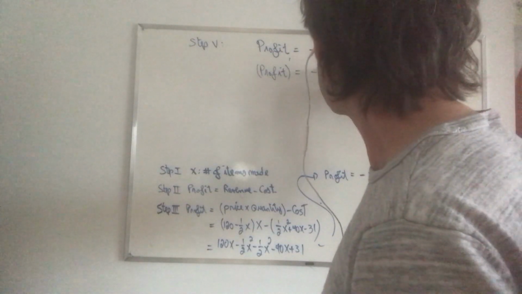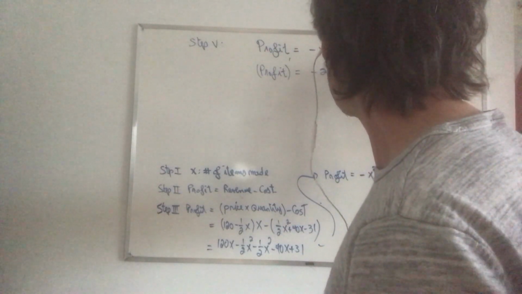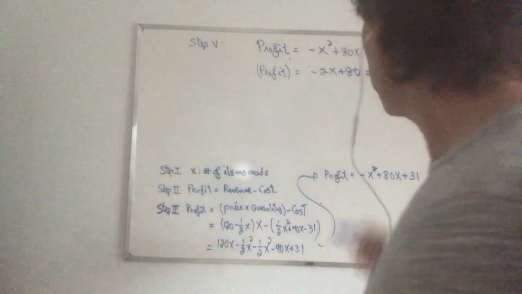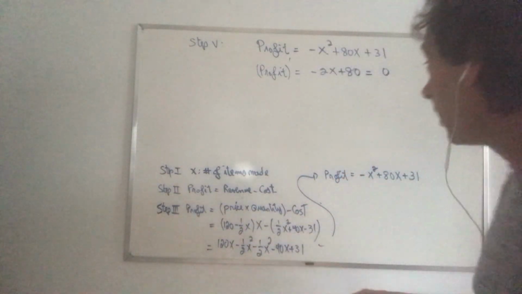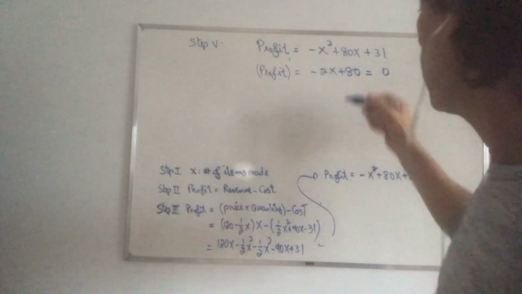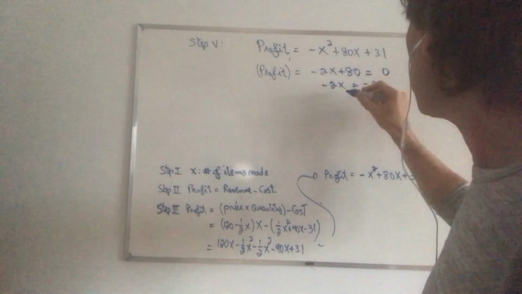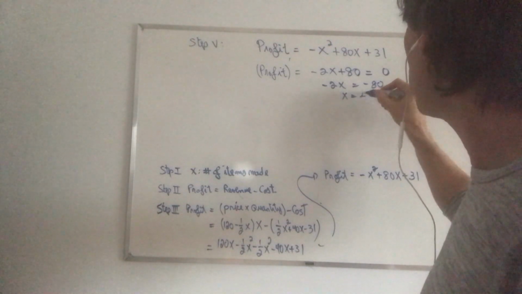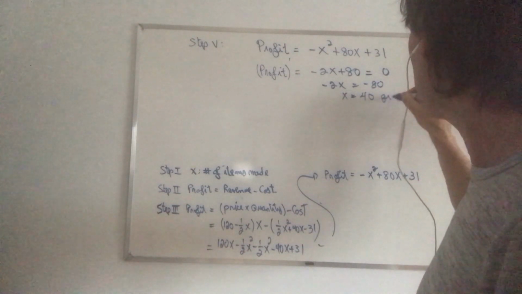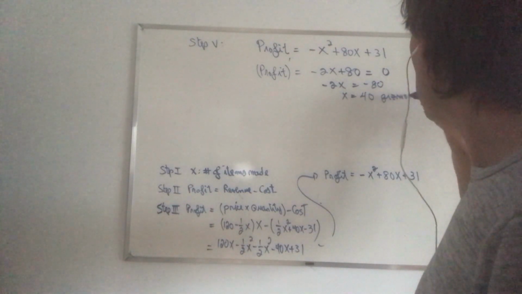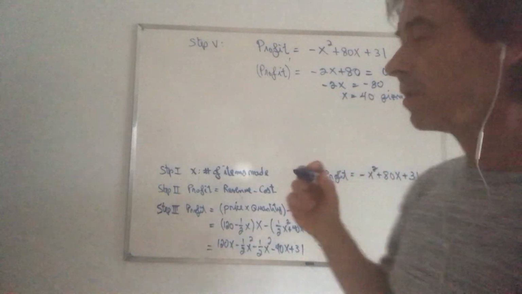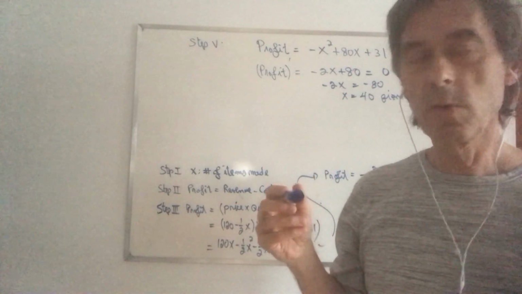That means that this is minus 2x plus 80. Finding the critical number is easy. You make it equal to 0, and you solve this. Minus 2x is minus 80. So divide by 2. And apparently, if we make 40 gizmos, we are going to get a local something.